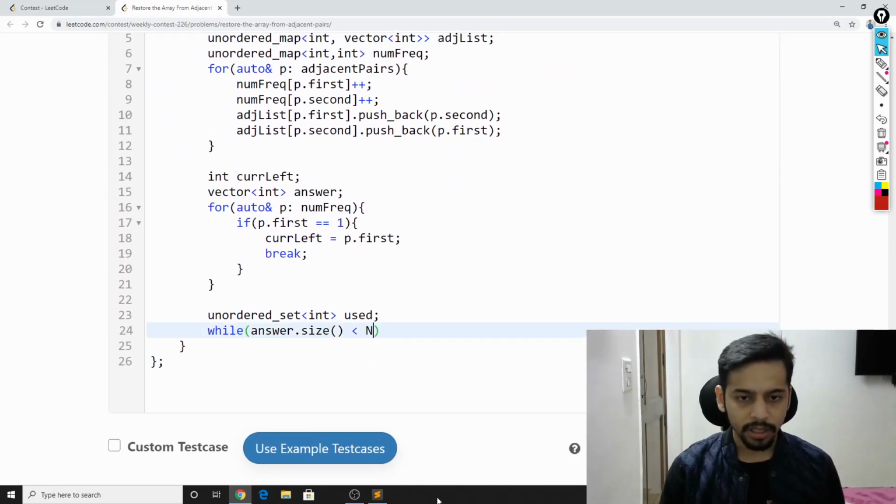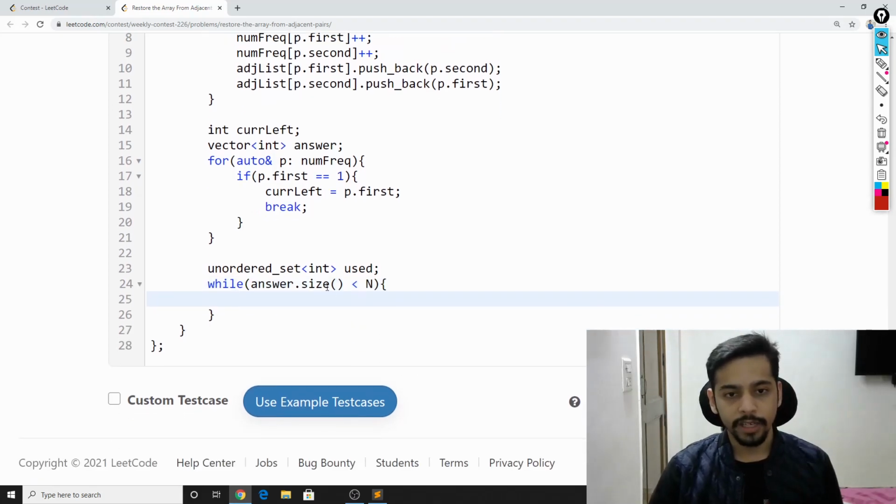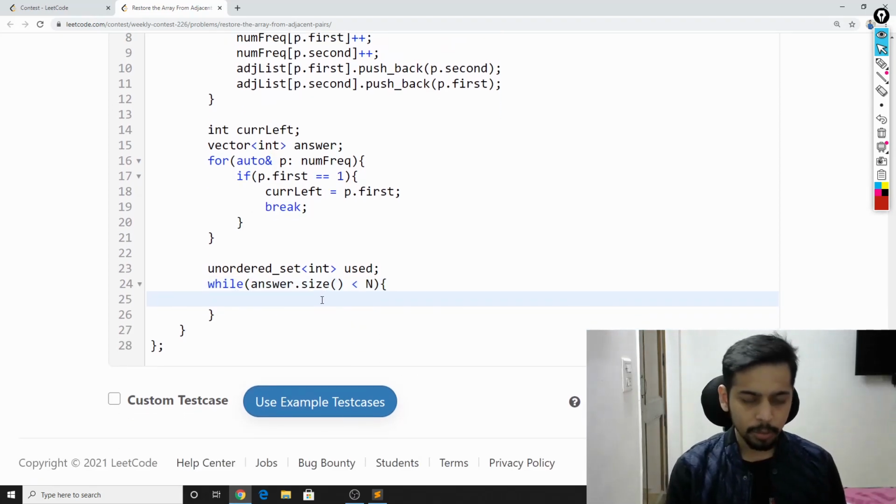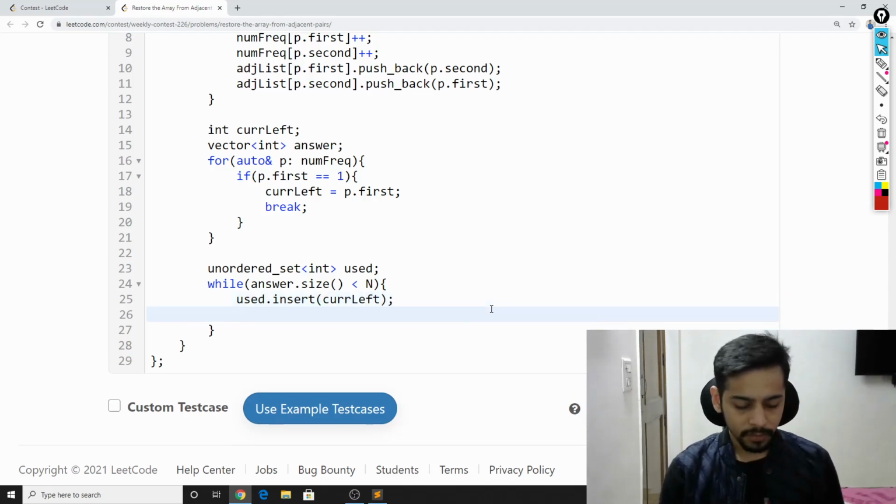So while this is less than equal to n, the number of elements I want to add to the answer vector, keep doing this, and you'll be like, okay, used dot insert the left guy, the curl left, and then add this to the answer as well. So answer dot push back curl left.